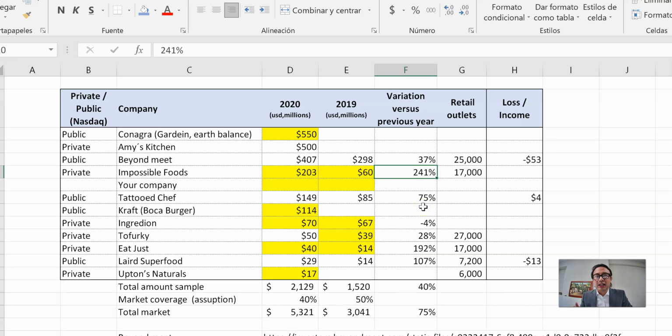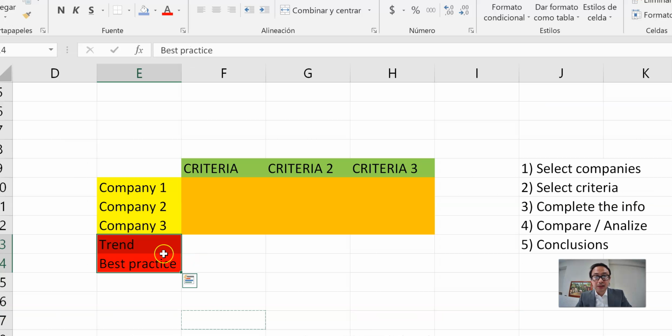So the market is increasing in most of the companies, and other companies are increasing, but not in this huge amount or percentage. That's why I think 75% of increase in the market is a conservative number. And of course, that's the most important part, the trend and the analysis in step number 4.